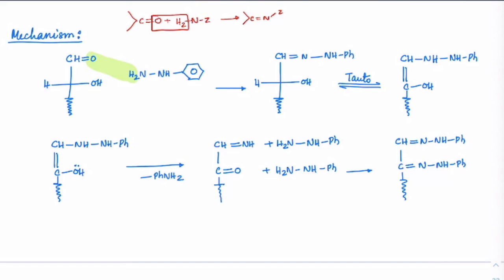Now slowly, being in acidic medium, what can we expect? This is like an imine form, right? So this bond will break to make a double bond here. This is a tautomerism, right? So basically H2O is taking away this H plus and this double bond will shift onto this.